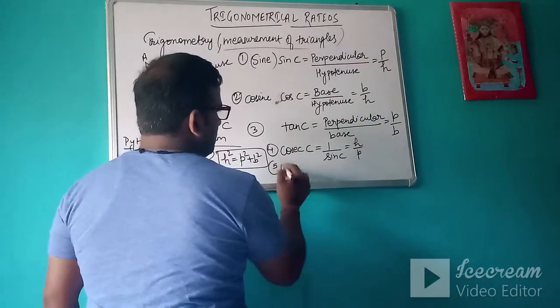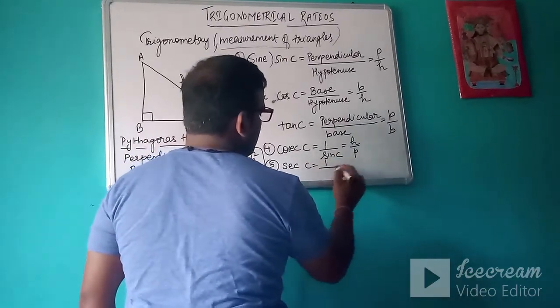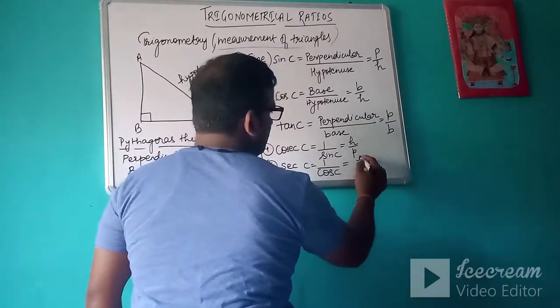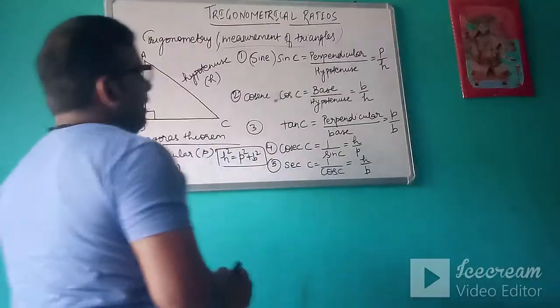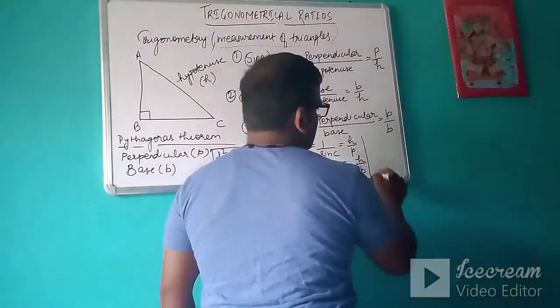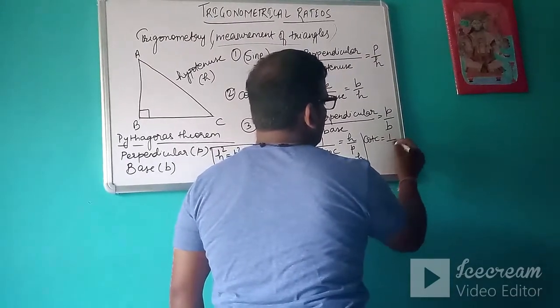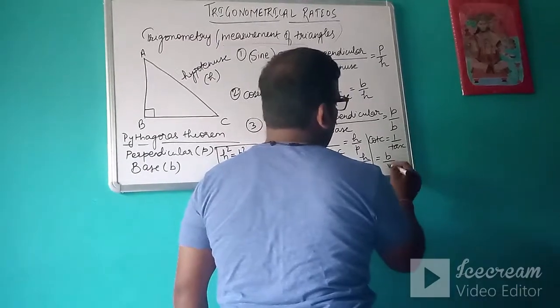Fifth one is sec of C, which is again the inverse of cos of C, and it is h upon b. And the last one is cot of C, which is equal to 1 upon tan of C, and it is b upon p.